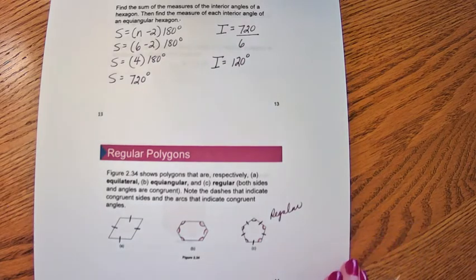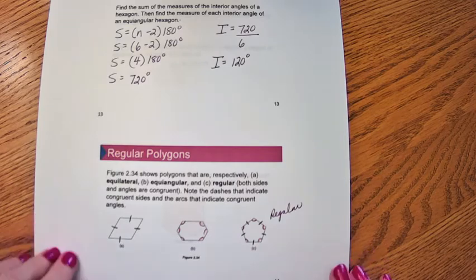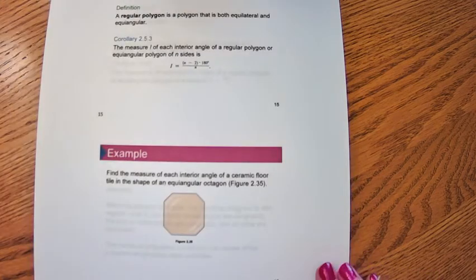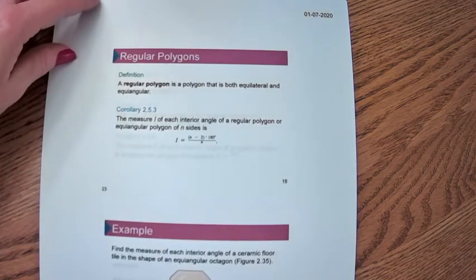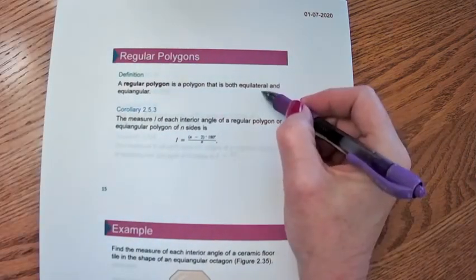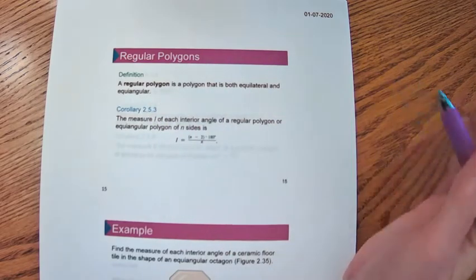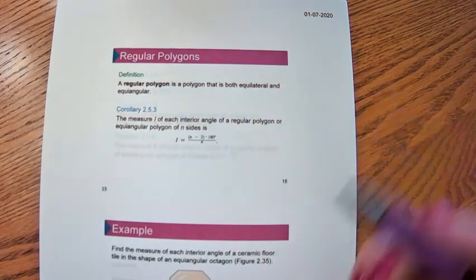So this would be a regular pentagon. All the sides have the same measure as each other, and all the interior angles have the same measure as each other. So a regular polygon is both equilateral and equiangular.